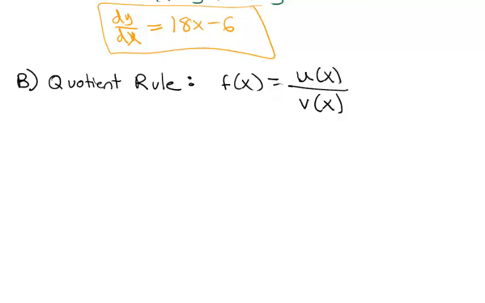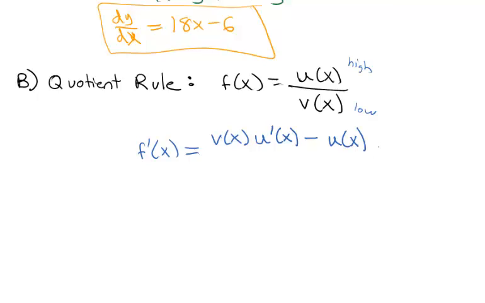To talk about this, I'm going to talk about the high one, that's the one on top, and the low one, that's the one on the bottom. So f prime, the derivative of x, is equal to the low function v of x times the derivative of the high function u prime of x, minus the high function u of x times the derivative of the low function v prime of x.